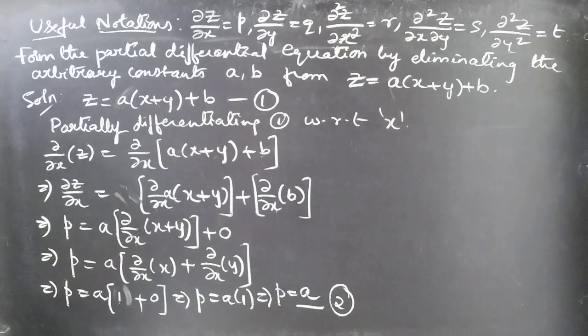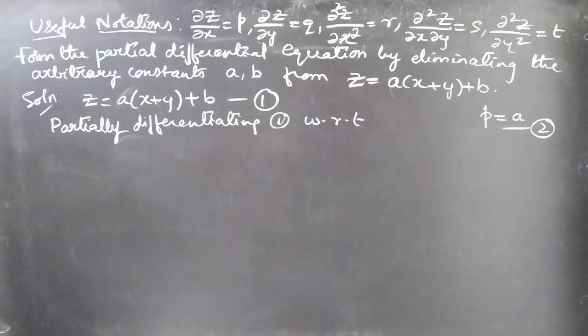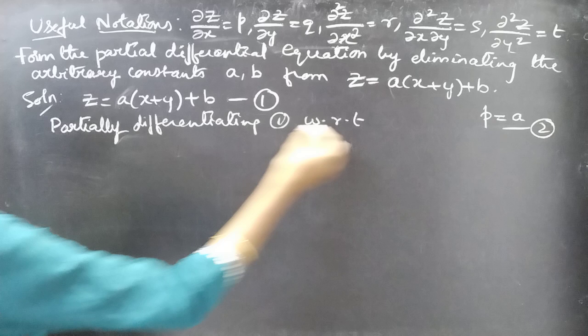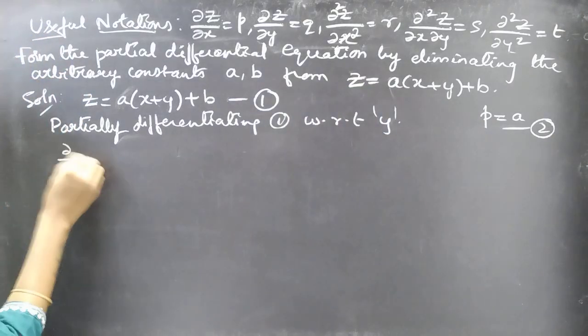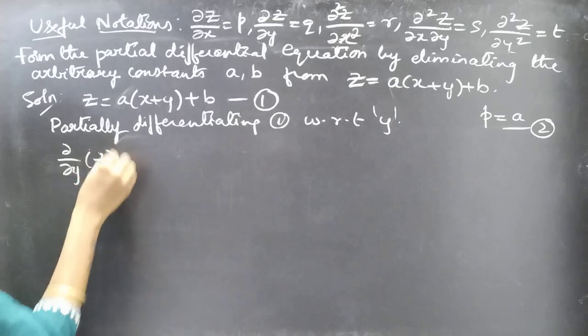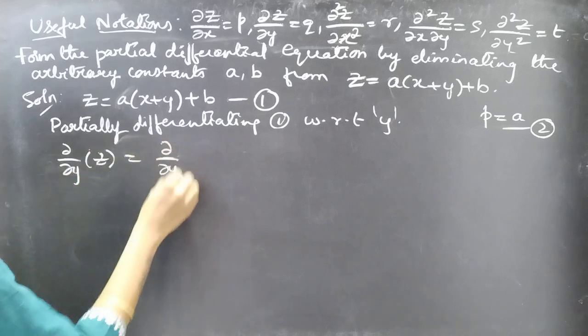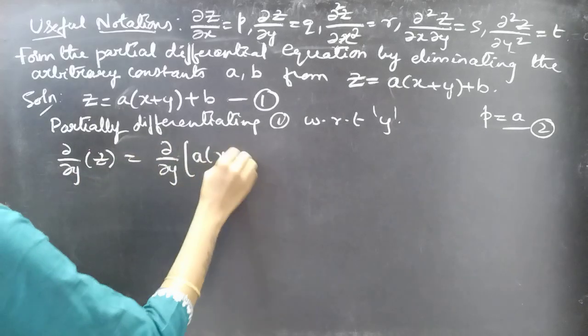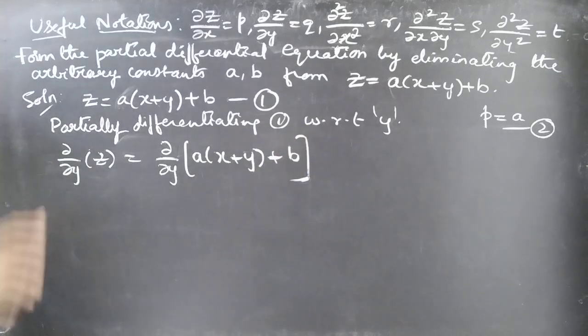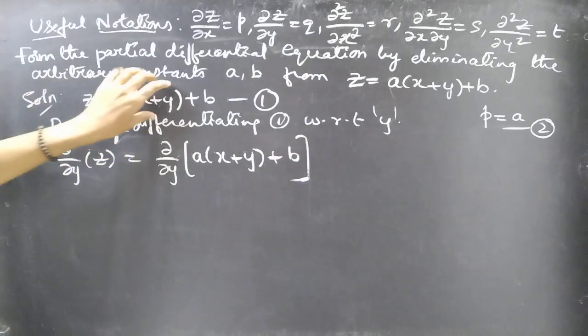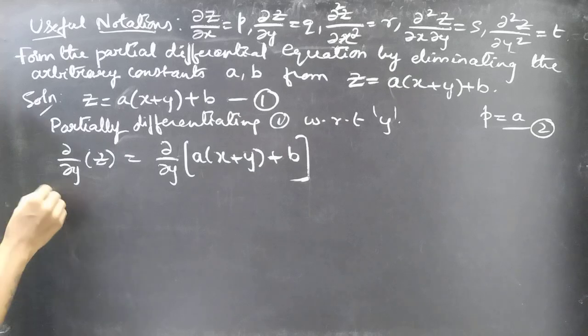Fine, now let's partially differentiate 1 with respect to y. Okay, partially differentiating 1 with respect to y, dou by dou y of the LHS part equal to dou by dou y of the RHS part.